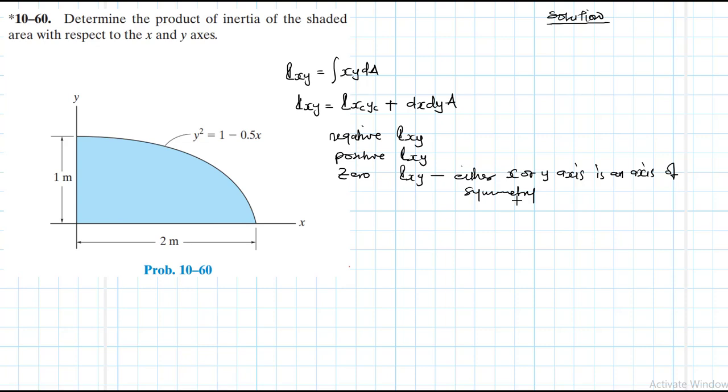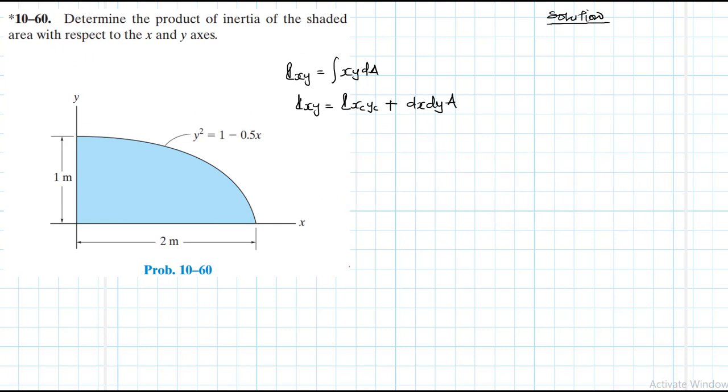Okay, so when you have symmetry in your area that you're dealing with, either about the x-axis or the y-axis or both, then you expect product of inertia of an area with respect to x and y-axis is going to be equal to 0. Okay, so I think this is about it. Let me wrap this stuff here so that we dive into this problem.